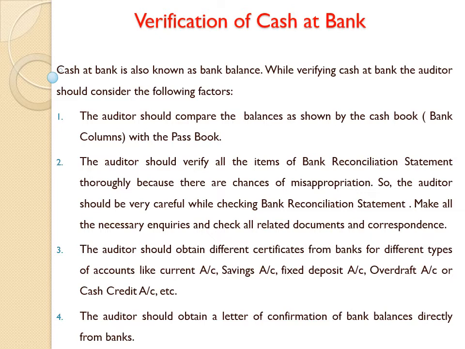So in order to avoid such kind of misappropriation, especially cash misappropriation, the auditor should verify the cash at bank balance very carefully, along with documents in relation to cash at bank and correspondence regarding it. The auditor should obtain different certificates from banks for different types of accounts like current account, savings account, fixed account, overdraft account or cash credit account.